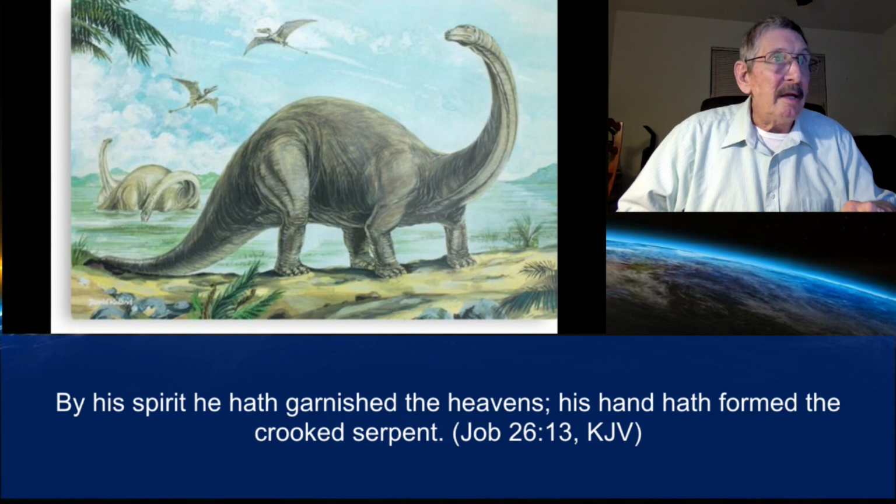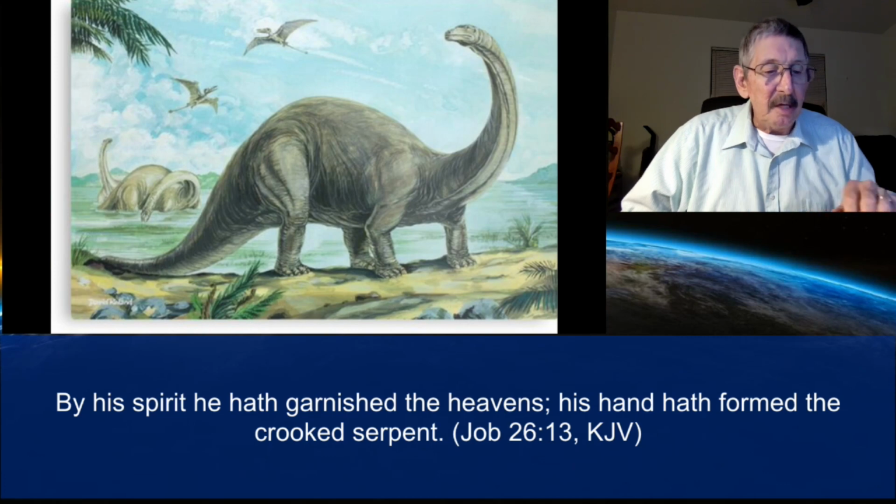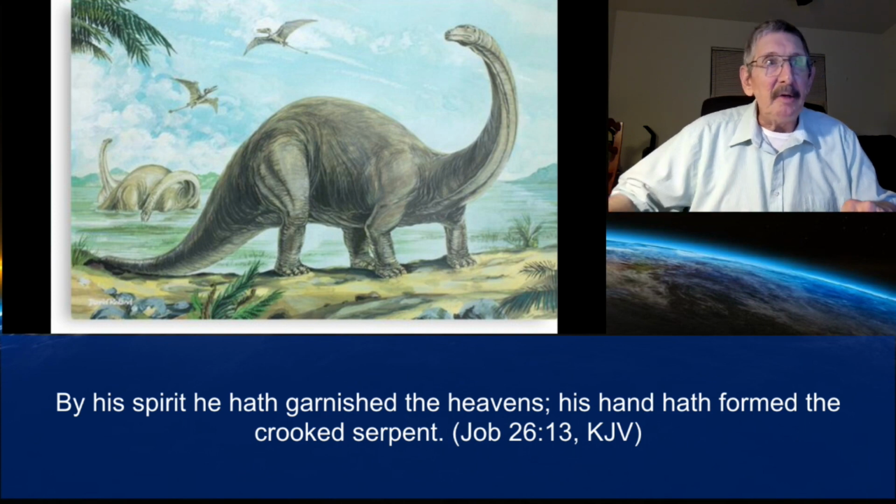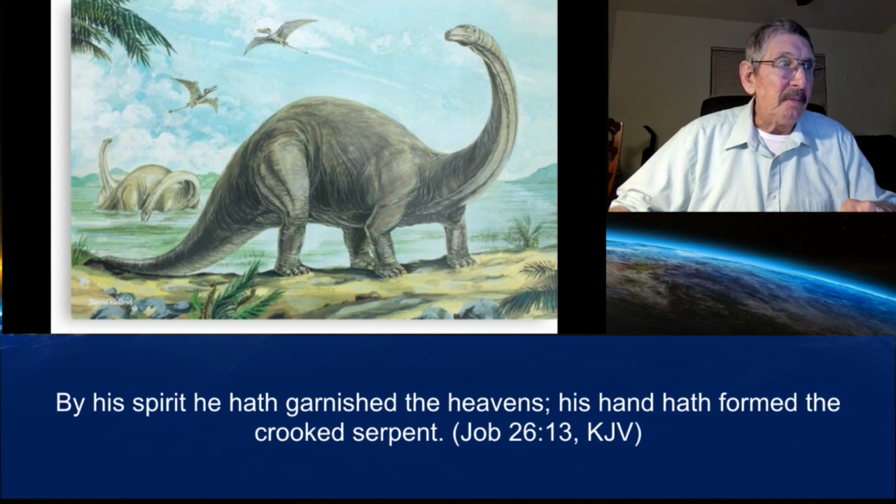And again, this is after the fall. And remember, after the fall, that God proclaimed, and we'll get to this when we get to chapter 3, that the snake was going to crawl on the ground. I believe that the snake probably started out with feet. But here in Job 26:13, by his spirit he hath garnished the heavens, his hand hath formed the crooked serpent. So there you can see the crooked serpent. Sure sounds like a snake.